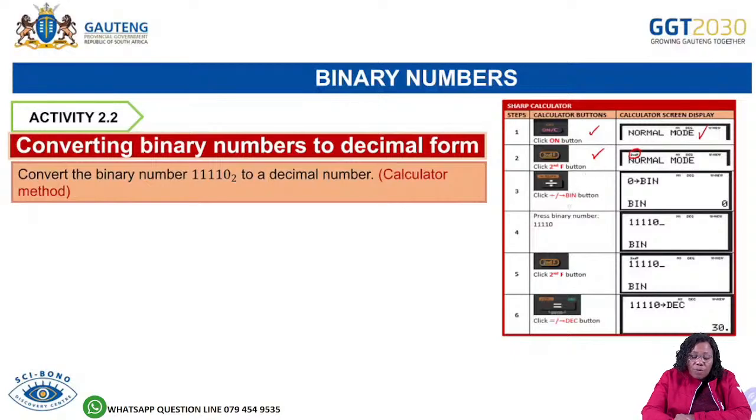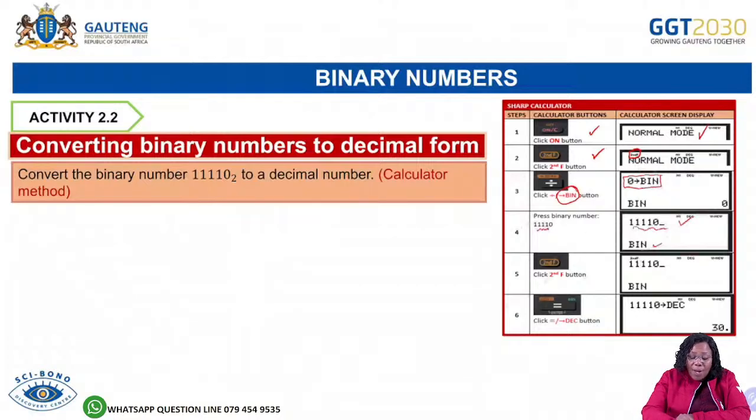Then you press the division button on your calculator. The aim is to go to this arrow binary, and it will show 0 arrow binary. Then you start putting in your binary number, which is 11110. It will show like that on your calculator, still indicating the binary at the bottom.